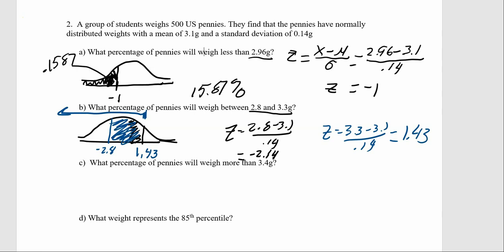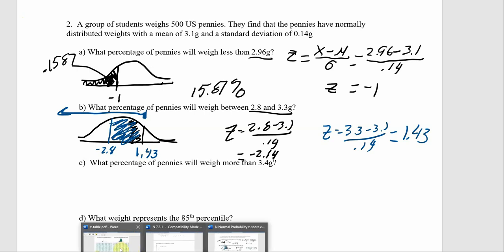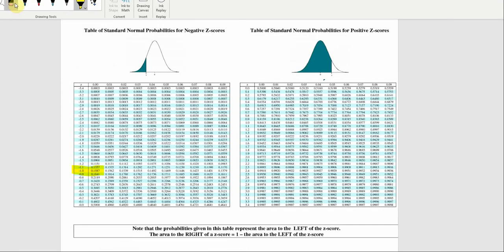So let's go find that one. So we're at 1.43. So I've got to go 1.4 positive, right here. And I got to go over to the 0.03 column. So that's going to be 0.9082. Sorry, it's the one below there.